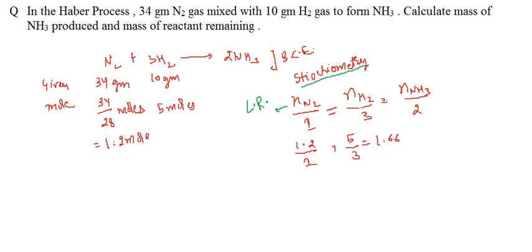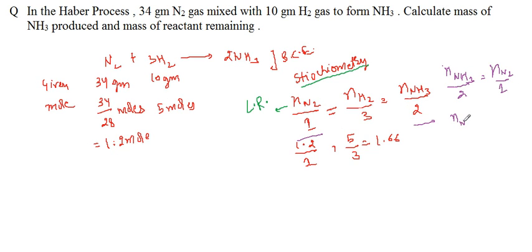So how do we find the mass of product? Ammonia will form according to nitrogen. Moles of ammonia by 2 should be equal to moles of N2 by 1.